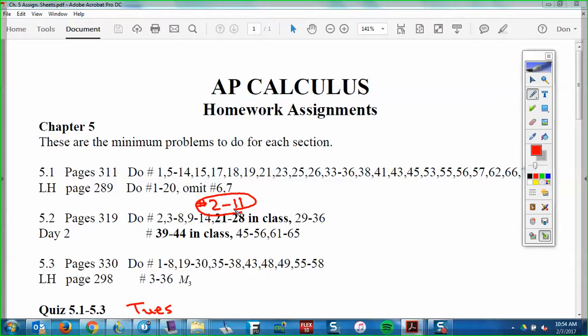On that homework page, you're not going to have to go through that area picture and all that stuff we did. Tomorrow we'll get into that some more. But basically our big takeaway from today was that the big A function is the antiderivative of little f, kind of like big F is the antiderivative.